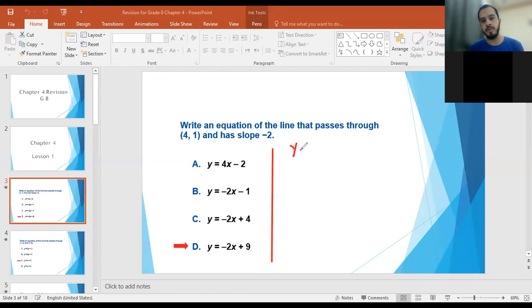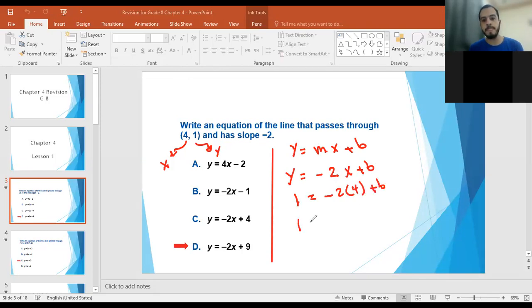It's y equals mx plus b, and then you substitute the slope, negative 2x plus b. Then substitute for x and y: 1 equals negative 2 times 4 plus b, so y equals negative 8 plus b.